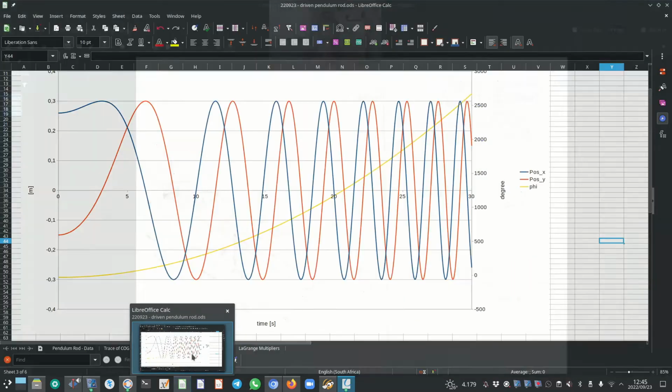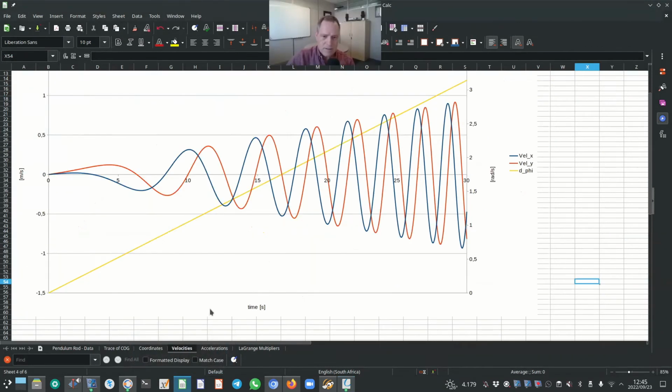Right, so let's quickly look at the velocities. Both x and y components of the velocity start at 0, oscillating behavior, but with the velocities, the amplitude of the oscillations increases as time goes by, and once again the period of the oscillations decreases.